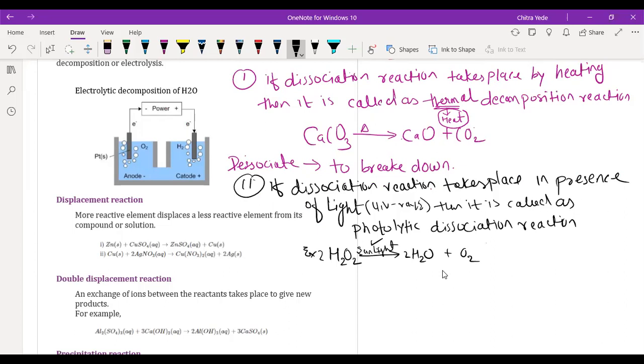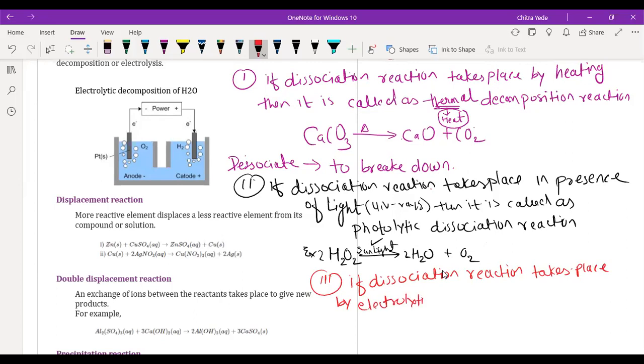Okay. Number 3, one more we have. If dissociation reaction takes place by electrolytic reduction reaction, then it is called as, see here it is given, electrolytic decomposition reaction.